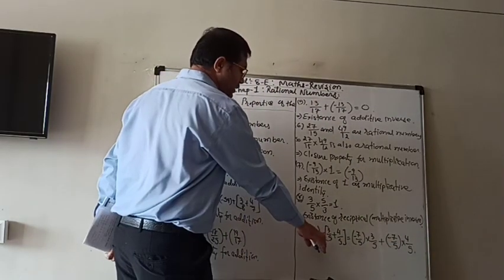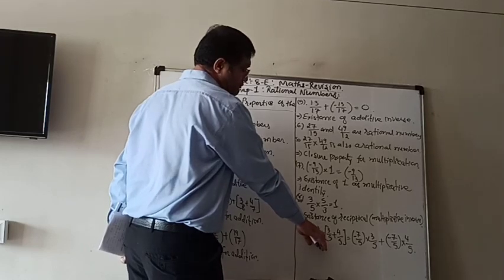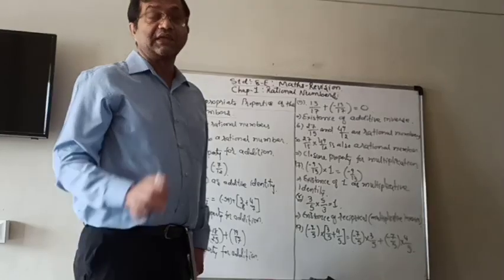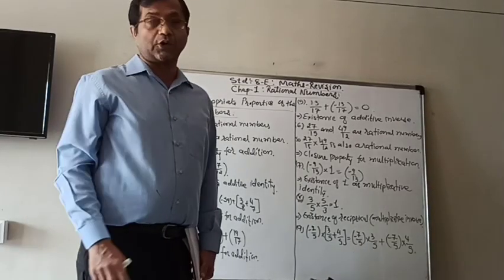So whenever there is multiplication outside the bracket and inside the addition or subtraction, then there is the distributive property.